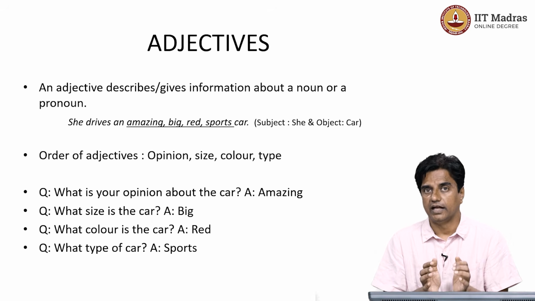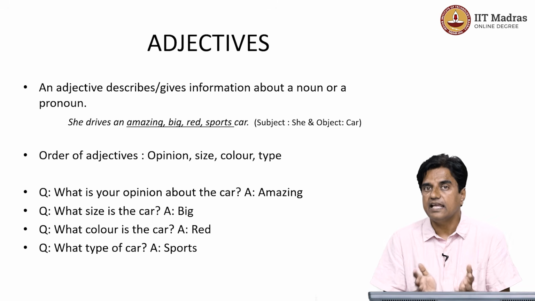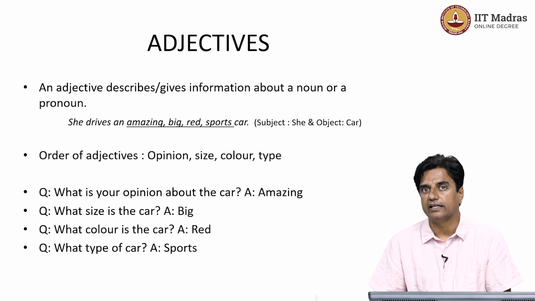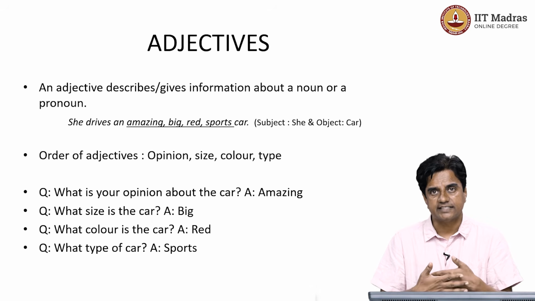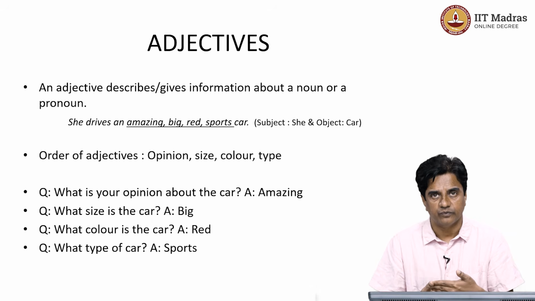So, we know a noun is a word that is the name of something, and therefore we define a noun as a naming word, and a pronoun is a word that stands for a noun. Talking about adjectives, it's a word that describes a noun.